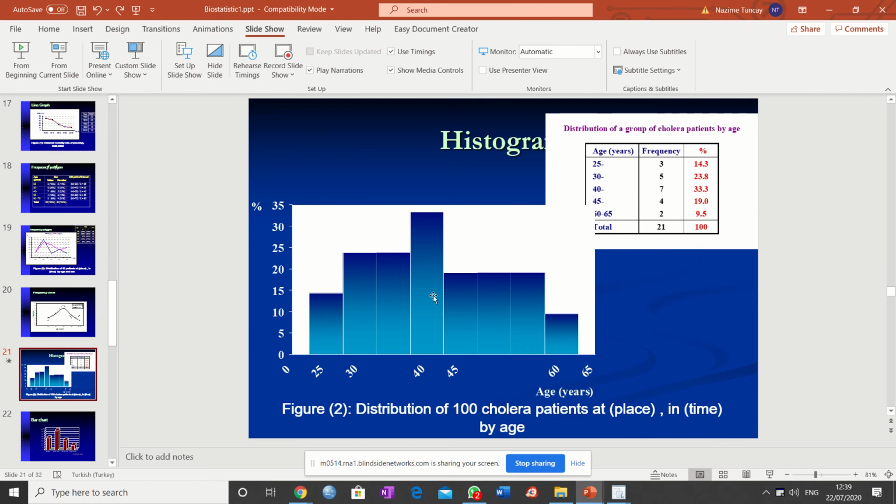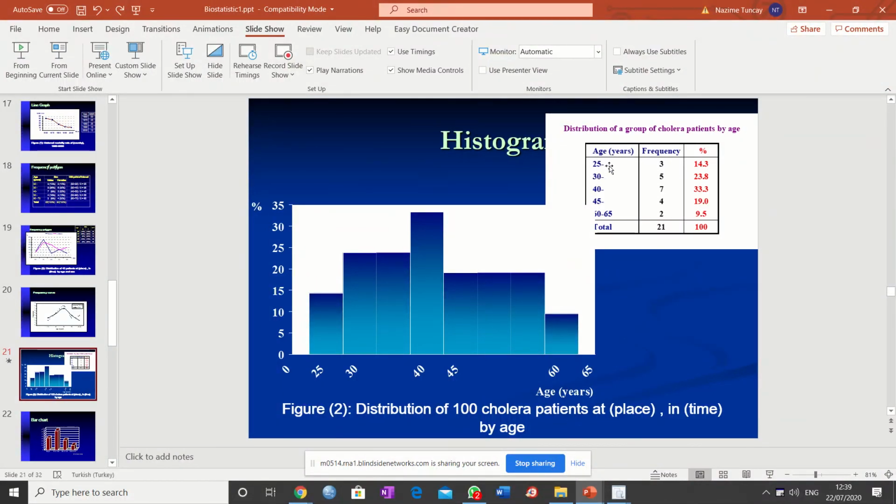Histogram. This is a histogram. This is the distribution of, for example, cholera patients by age. So we have cholera patients, and these are frequencies. We have 3 people above the age 25. So this means above 25 and below 30.